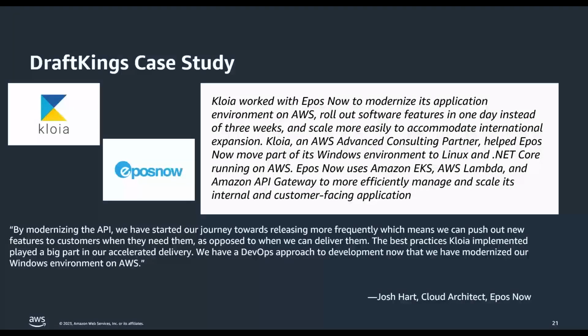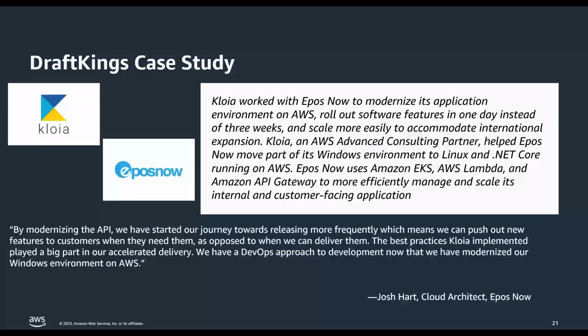And they had a monolithic .NET Framework API that was running on EC2 Windows. It was slow to scale, and it was challenging to manage because it wasn't built with the modern tools designed for the cloud. So that's where Cloya stepped in. They partnered up with EPOS Now to move their .NET Framework to modern .NET, and from Windows to Linux.